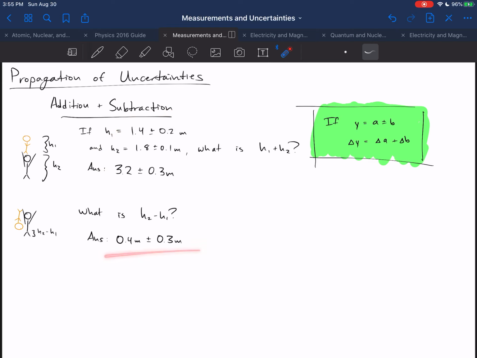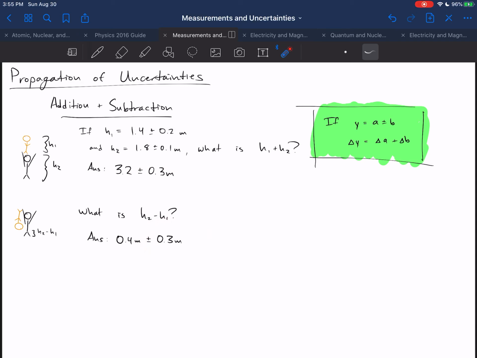That simply reflects the way that the uncertainties work. The final value on the added case is probably around 3.2. But the final value on the subtracted case has a huge range that it could be because of the uncertainties on both of these measurements. So even though the absolute uncertainty is the same, the relative uncertainty is much larger on the subtracted case.